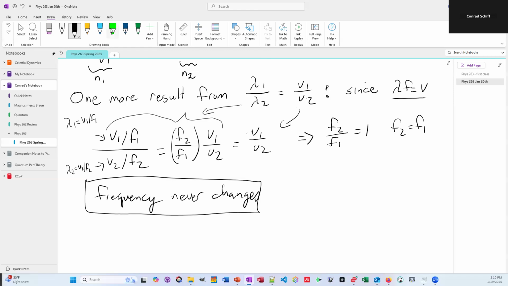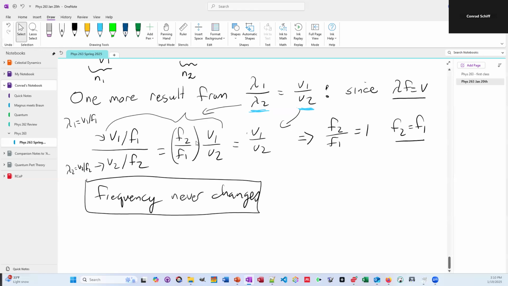It still has to equal V1 over V2 over here. And so the only way that the ratio of those two frequencies times V1 over V2 can be equal to V1 over V2 is if the frequencies in ratio, that is to say F2 over F1, are equal to 1. And that is F2 equals F1. And the frequency never changes.